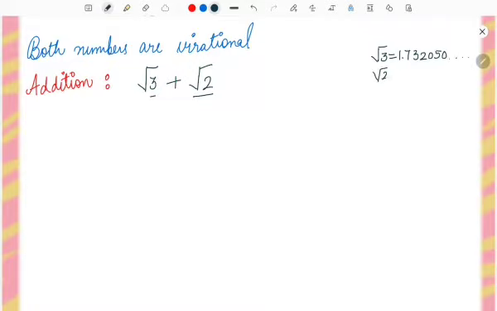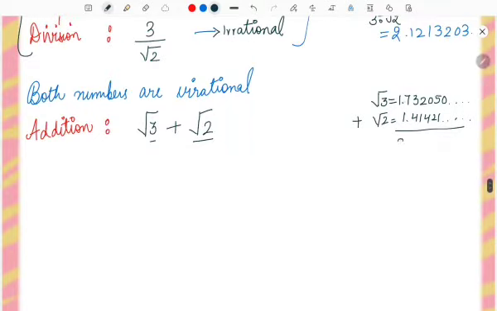For root 2 we have 1.41421 with dots. If I add these, I'm going to get 3.14626 and so on. This is again non-terminating and non-recurring. That means my answer to this would be irrational, right?